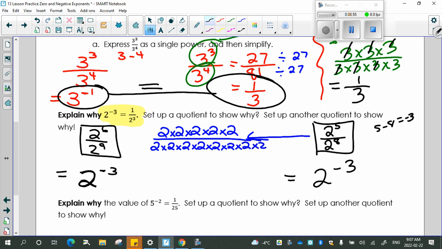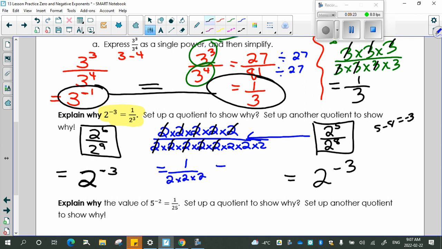So what happens when we divide out each 2 on the top with 1 on the bottom? Those ones divide out. 2 divided by 2 is 1. 2 divided by 2 is 1. 2 divided by 2 is 1. So I'm left with all these 1s on the top, which just multiply to give me 1. And 2 times 2 times 2 on the bottom.